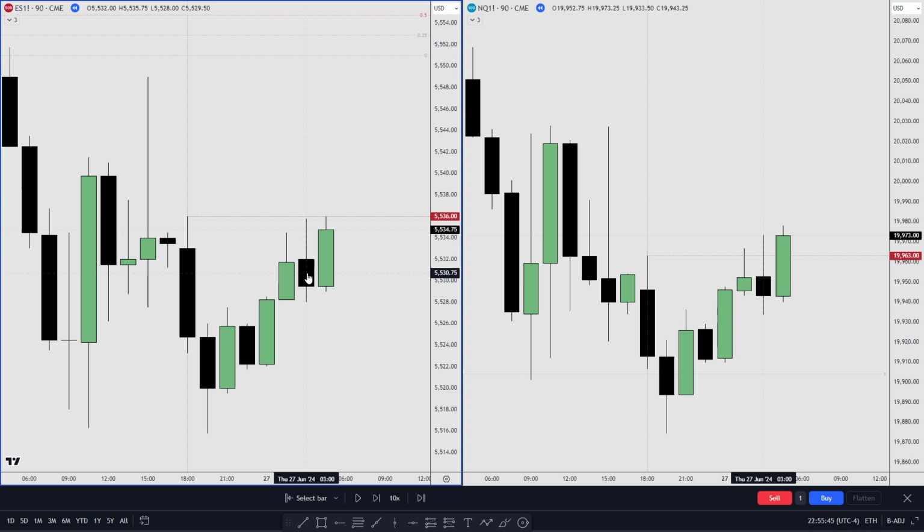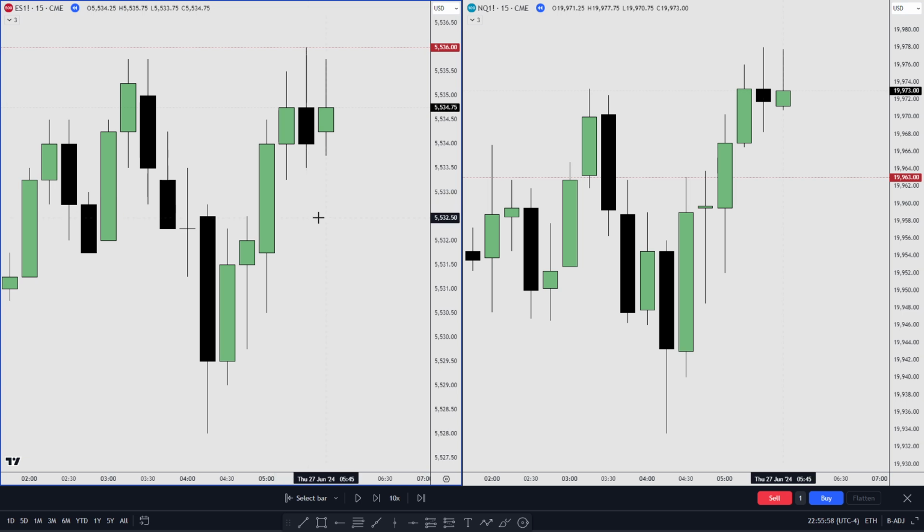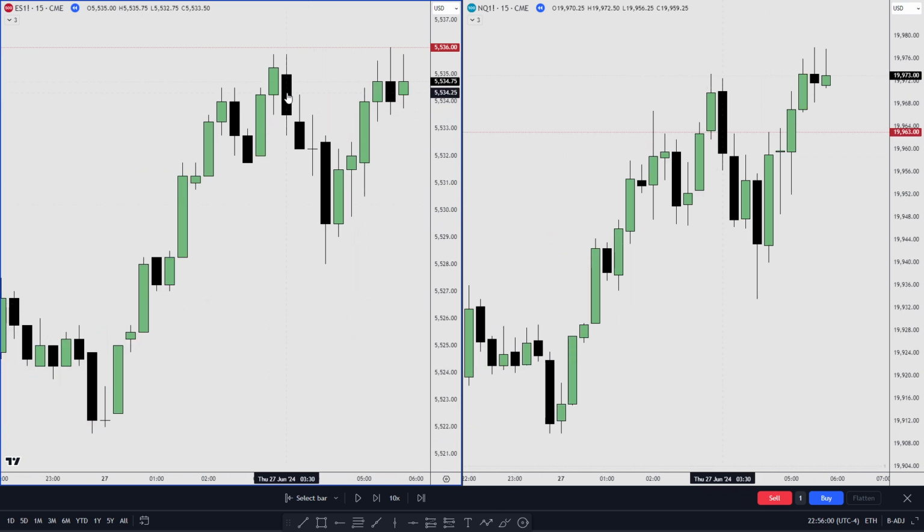If you look closely at this particular candle here at 3 AM London, on the 15 minutes, the model did print out. This is my model right here. At 3 o'clock, we have these two up close candles and we have price closing below this up close candle here.